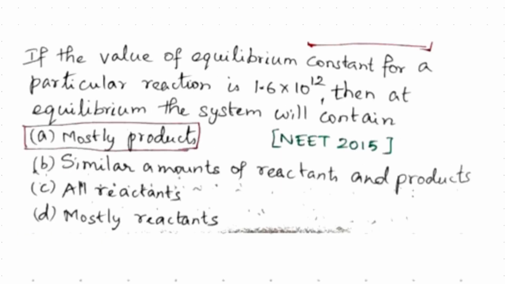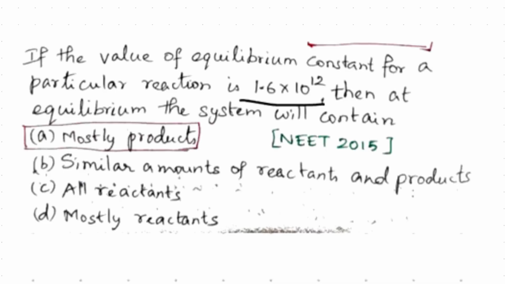Look at the second question. This is also a conceptual question. If the value of equilibrium constant for a particular reaction is 1.6 × 10^12, then at equilibrium the system will contain... This is a straightforward question.